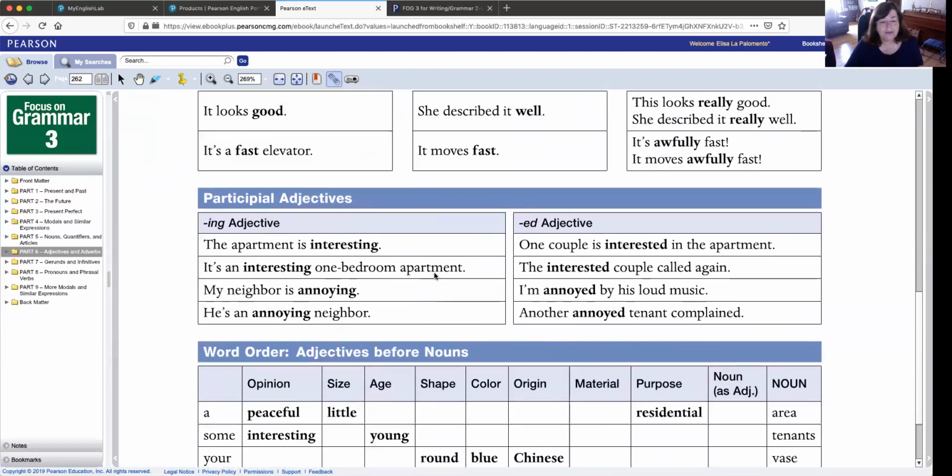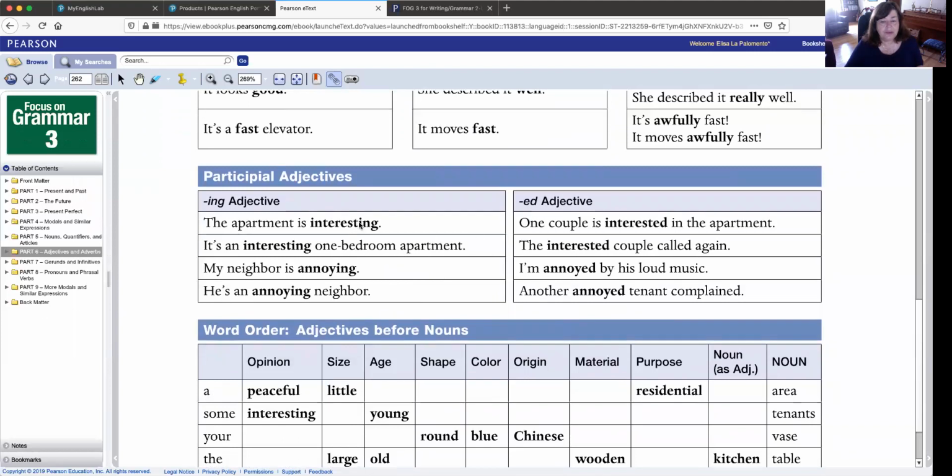So we have two kinds of adjectives too. Well, we have what we call participial adjectives. So these are adjectives that end in either ing or ed. For example, the apartment is interesting, or one couple is interested in the apartment, okay? The adjectives that end in ing cause a feeling to happen.